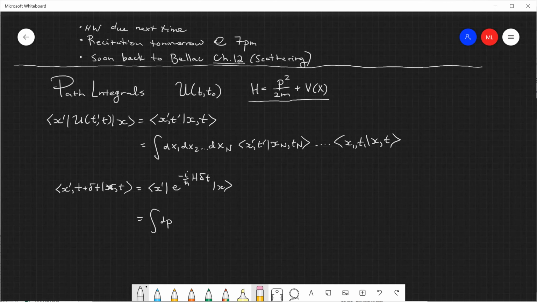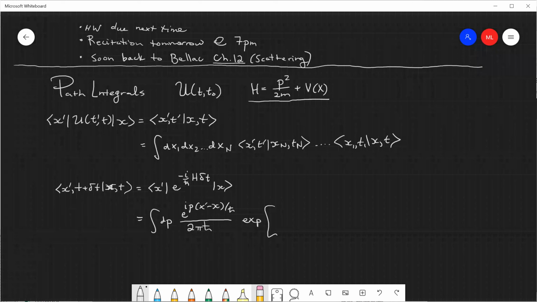So once you do that, you get, of course, the plane wave functions. And so we expanded in small delta t, and then we undid that expansion and put everything back into the exponential.